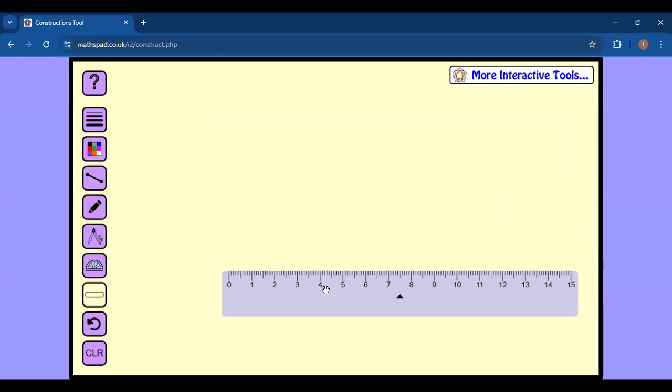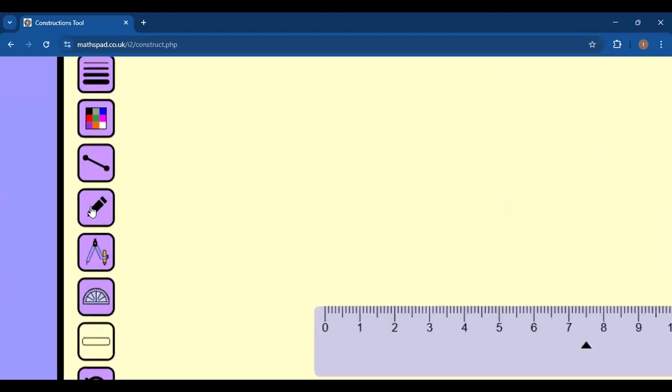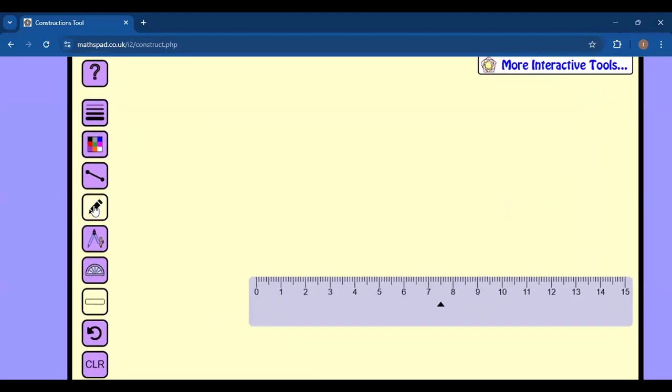Now, after that, we're going to get a pencil. So get your pencil, and then come here, and you're going to start here. Let's do it to 8 centimeters. So I'm going to draw a line to 8 centimeters right here.